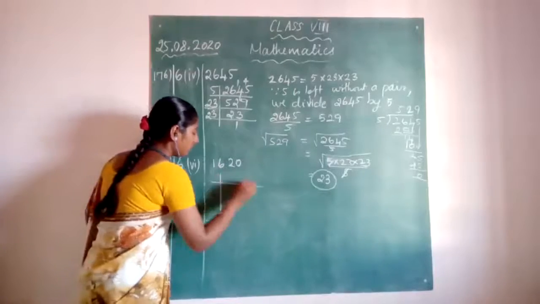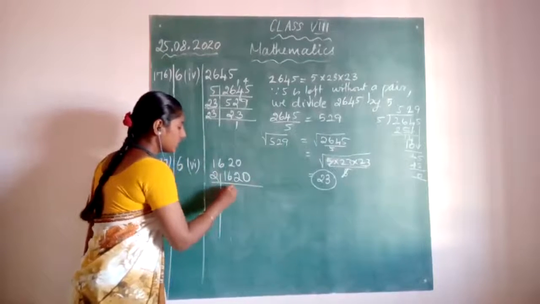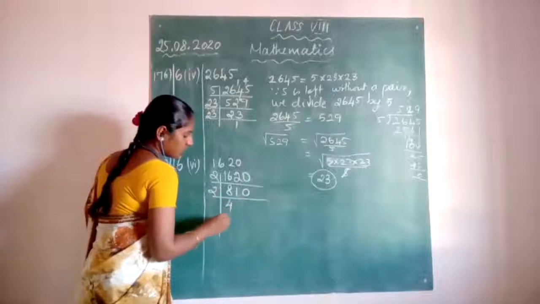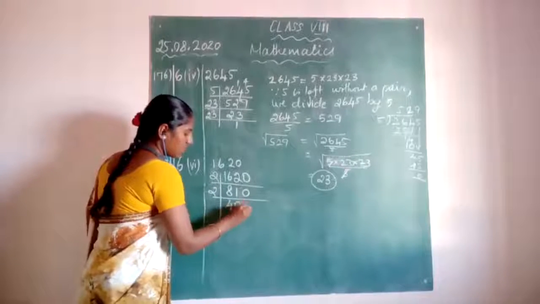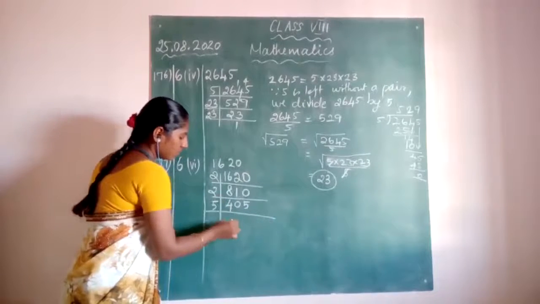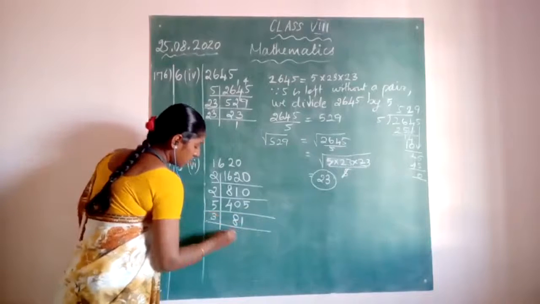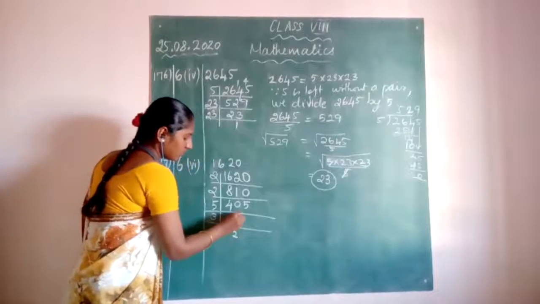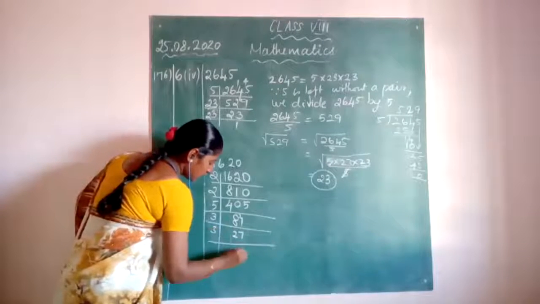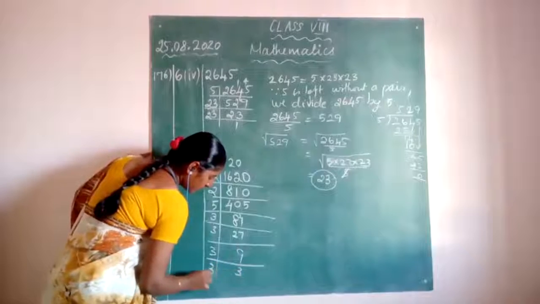Now we can factorize it using 2. 2 8s are 16, 2 1s are 2 and 0. Again 2 2s are 4, 2 4s are 8 and 0, and together it is 2 5s are 10. Then 5 table, 5 8s are 40 and 1. Then 3 table, 3 2s are 6, 2 remaining, 27. Then you will have 3 9s are 27, then 3 3s are 9, then 3 1s are 3.